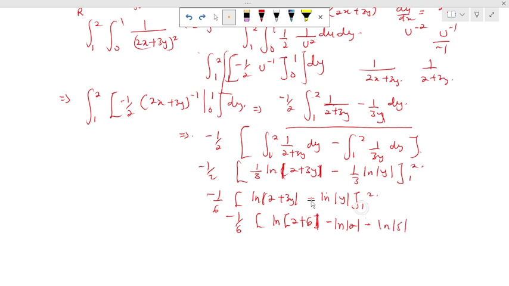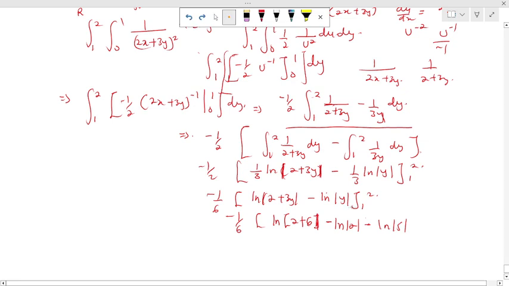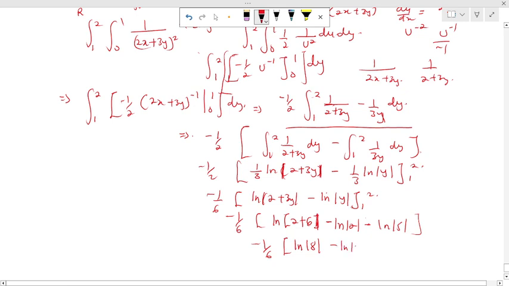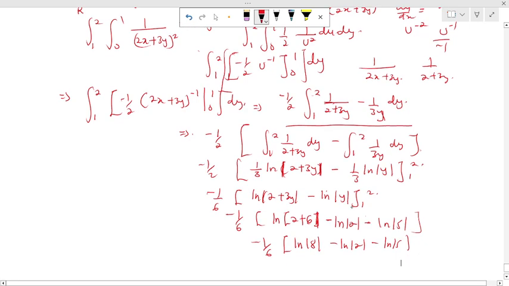Then when I put the 1 here, I'm going to get 0. So I'll maintain this. So this is simply negative 1 over 6, natural log of 8, minus natural log of 2, minus natural log of 5, right? As simple as that. So that is the first part of the problem.